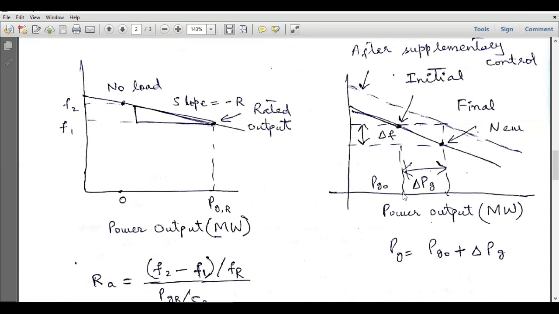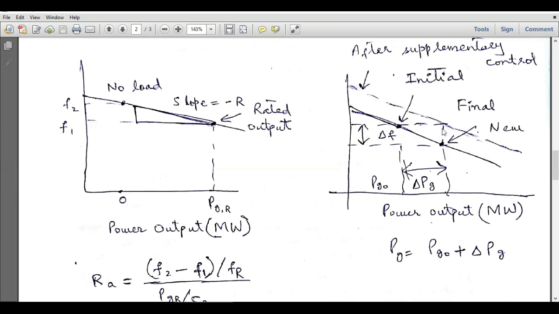Here you can see this is our initial power generation, and at this point the frequency is this, right? So when we increase our load, the output generation will also increase and the frequency will reduce to this point. And at this point, we will apply the supplementary control, and that supplementary control will shift this whole droop curve upwards, and the new droop curve will lie over here.